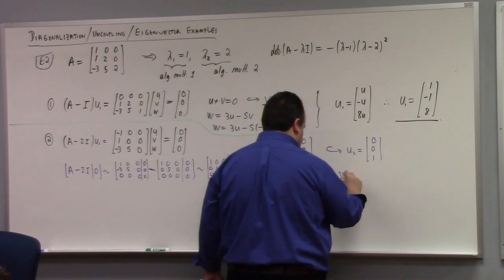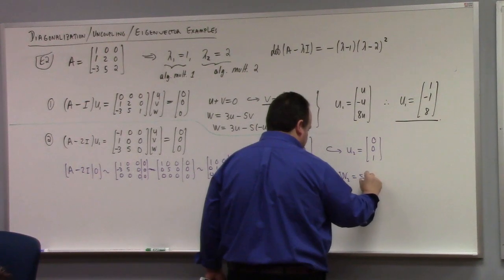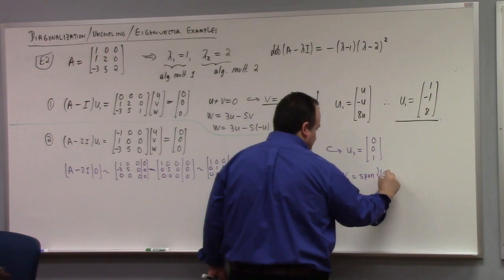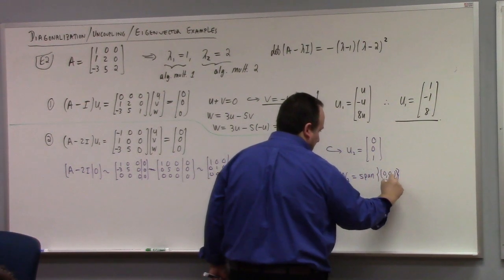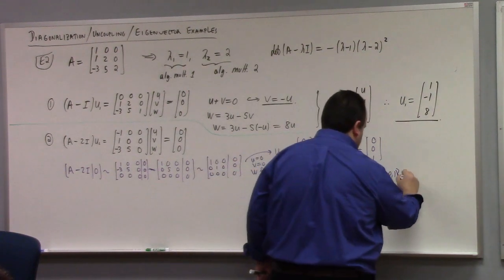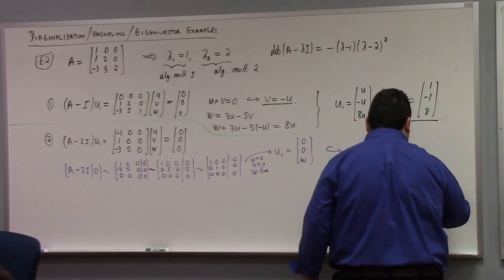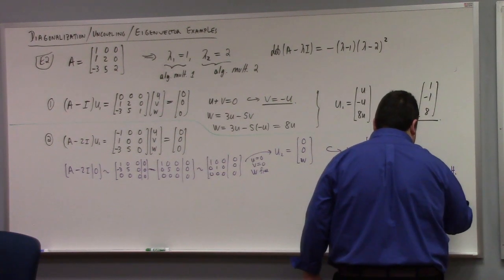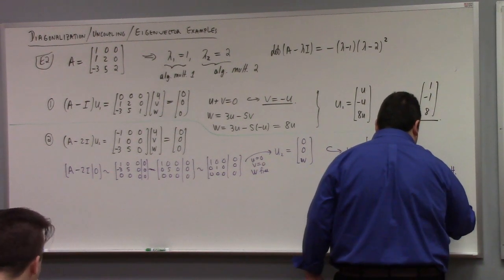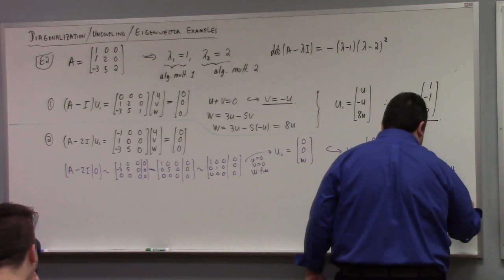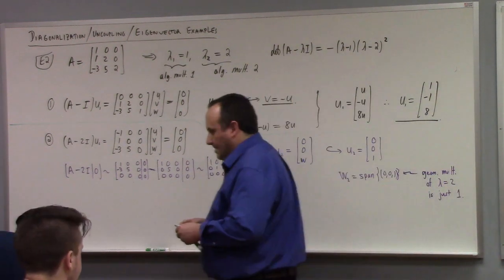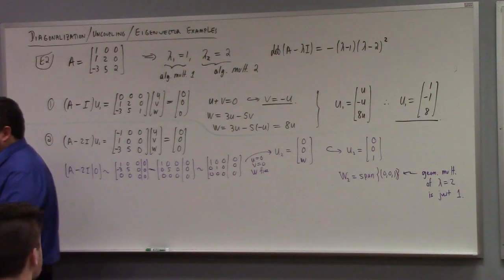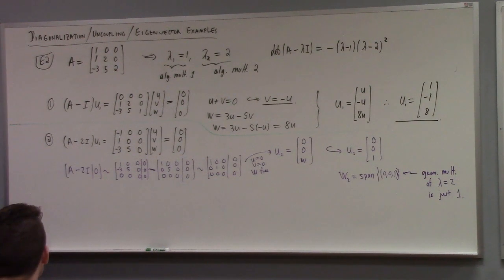So in this case, big W2 is the span of 0, 0, 1. And so this says the geometric multiplicity of lambda equals 2 is just 1. So we had a repeated eigenvalue of 2, but we only had one eigenvector.